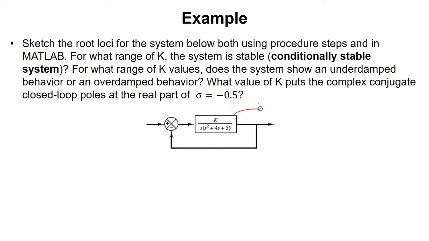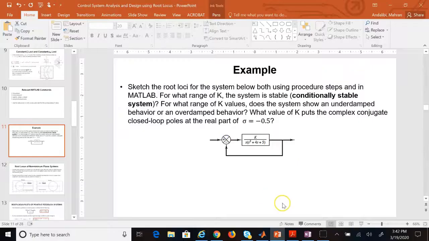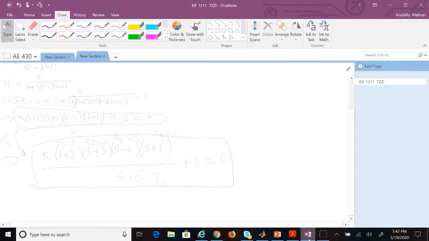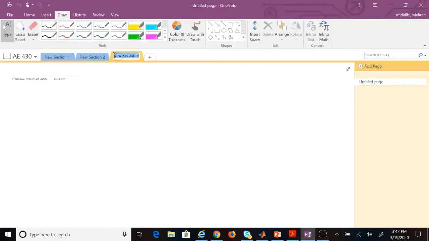So this one is g of s, and h of s is equal to 1. And the good thing for us is the k that we care about is in the numerator of g. So when we say 1 plus gh equals 0, k is in the numerator, so we do not need to rearrange anything, okay? So if we focus on this example and go to OneNote and start here.